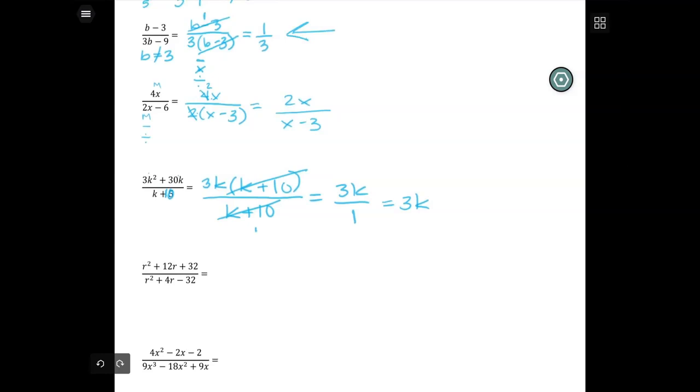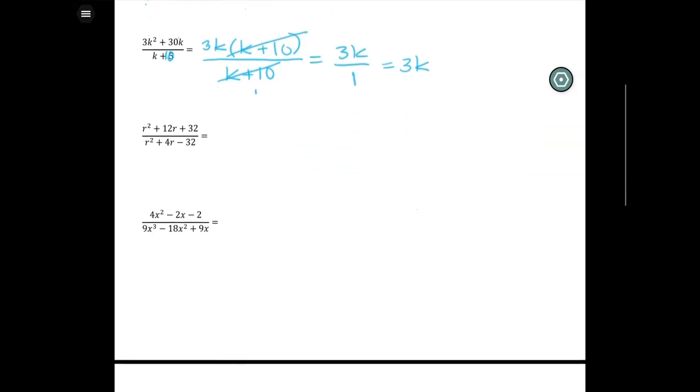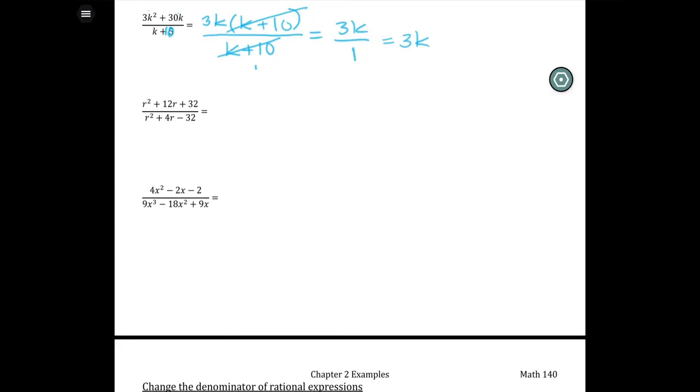If we didn't write the 1 over, 3 is very different from 1/3, but 3k is not different from 3k over 1. It just looks a little cleaner. So it is okay when you cancel something. When nothing is left in the bottom, you don't have to write the 1. When nothing is left in the top, you need it because you can't move the stuff in the bottom up to the top. And into the messier version, you're going to get to start practicing your factoring.